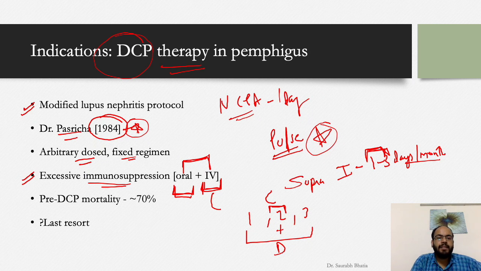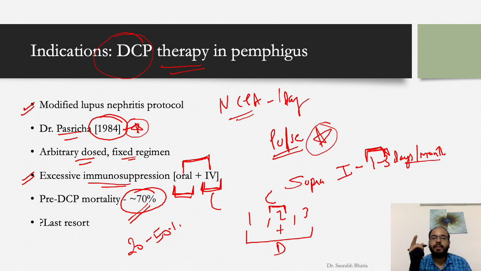Remember that pre-DCP mortality for pemphigus vulgaris was around 70%, and with the use of conventional oral corticosteroid, the mortality used to reduce till about 20 to 50%. Okay, so mortality before DCP in pemphigus was 70%. It went down to 20 to 50% with the use of oral corticosteroids.